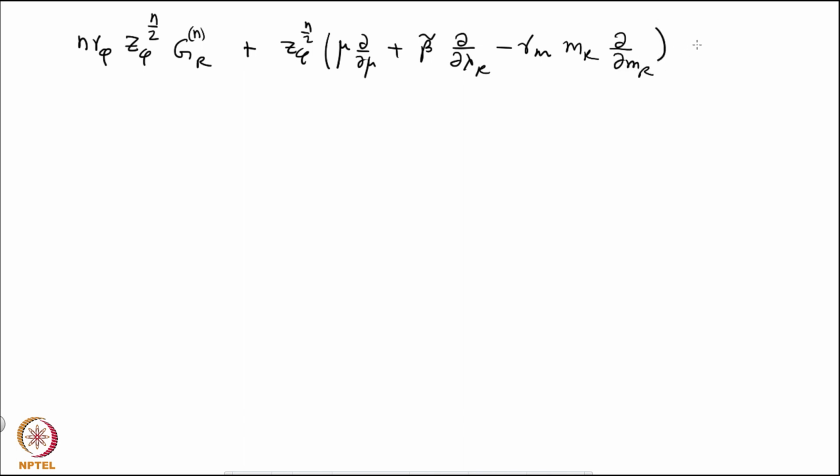Okay, you can check that this is what you will get. And as before, you should keep lambda and m fixed. Okay, the bare ones.